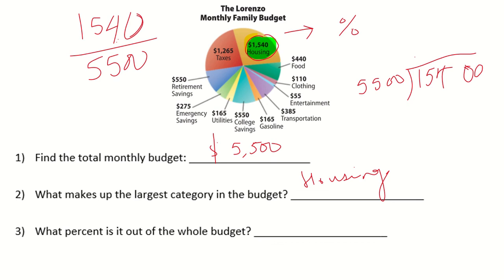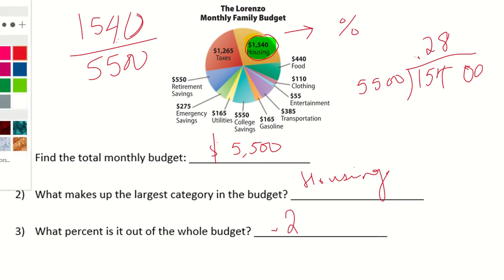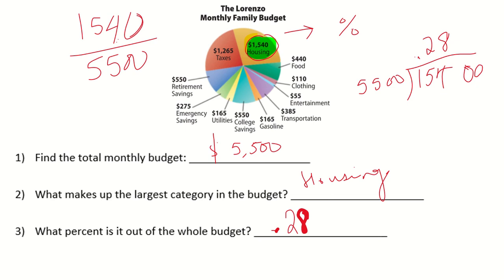And what I will do is divide that, and I get 0.28. 0.28 is a decimal, but we obviously want a percent, and that changes to 28%. Okay, so that's how you get a percent out of this budget.